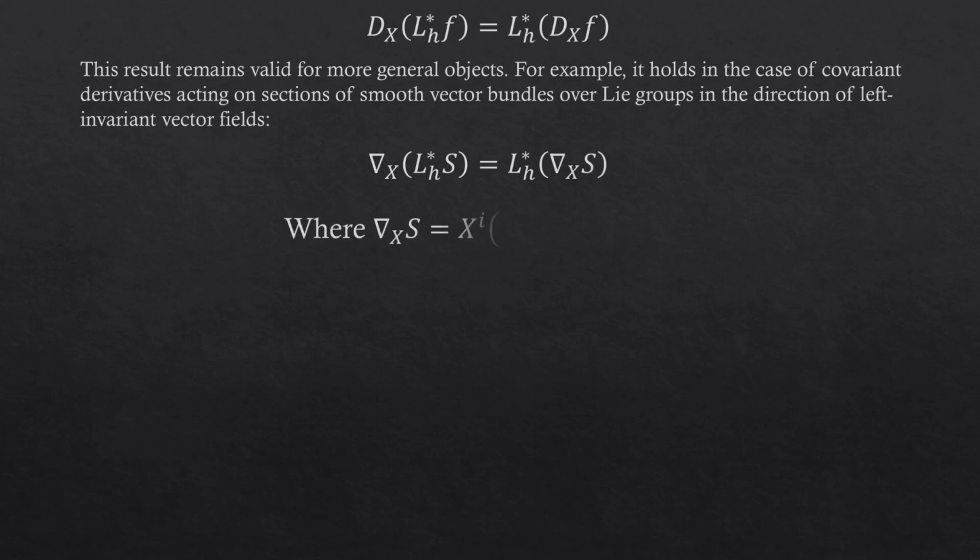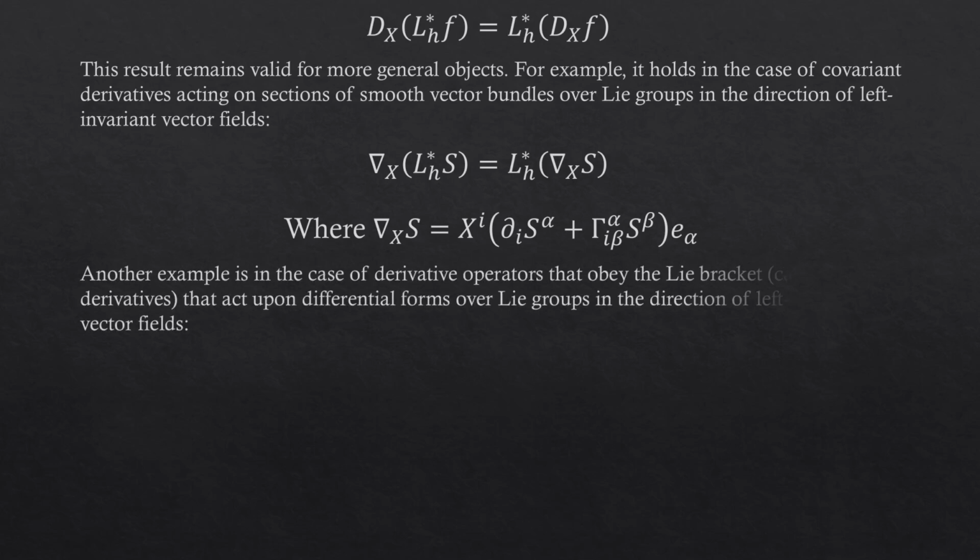Where this covariant derivative in the direction x is given by x upper i times the partial derivatives acting on s alpha plus the connection coefficients acting on s beta, then all acting on the basis vectors e sub alpha, where this gamma upper alpha sub i beta is the connection coefficient, and if i and beta are commutative and symmetric, then we have what's called the Christoffel symbols of the Levi-Civita connection.